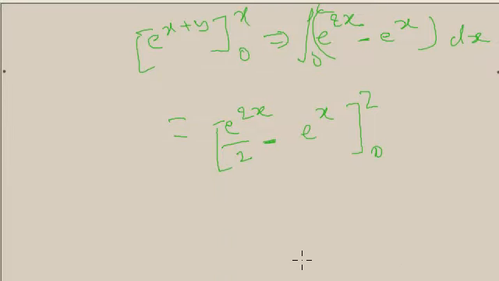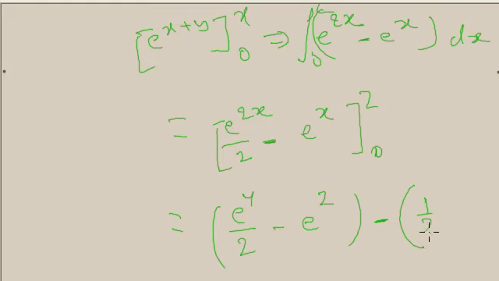If you put 2 here, it will be e to the power 4 divided by 2 minus e square, minus, if you put 0 here, 1 by 2 minus 1.